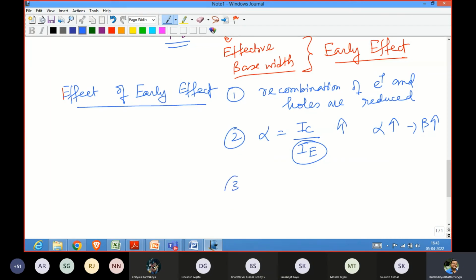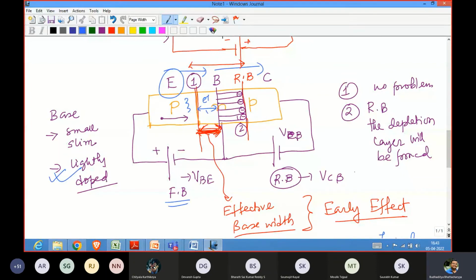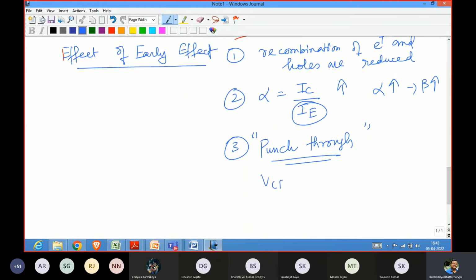And the third effect is a very common term called punch through. This is a term used, punch through voltage. That is when we are increasing VCB to an extremely high value. When VCB is increasingly high, what will eventually happen?